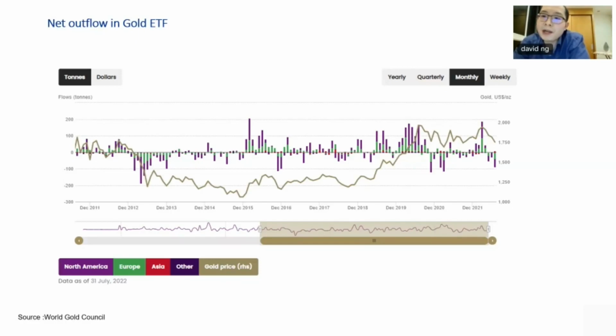Therefore, prices of gold couldn't even reach the 1,800 mark, which is a very critical resistance, and it couldn't break that. I think it's crucial to watch going forward. If outflows continue at this pace, it's worth taking note that gold prices would find it very difficult to make a short-term rally. That's where we really need to gauge ourselves, especially when you look at outflows and inflows of gold ETFs.